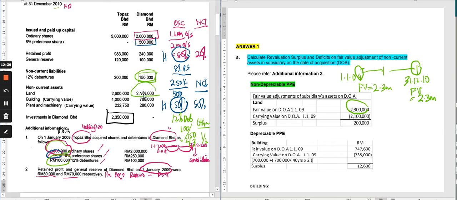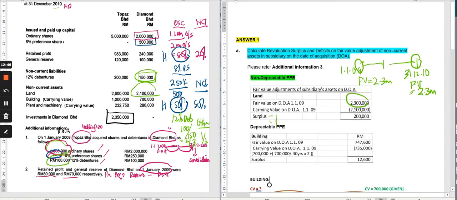Because this is a non-depreciable asset, so the carrying value equals the cost. So the surplus was 200,000, and remember this is a pre-acquisition reserve. So pre-acquisition asset revaluation reserve. So it should be credited to the revaluation surplus.